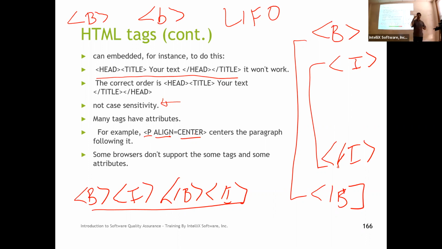There are some standard tags that every browser supports, and then some advanced tags that the newer browsers support. For example, Internet Explorer may not support certain tags that are supported in Chrome or Microsoft Edge. That's why they try to phase it out: this is an old browser, it doesn't support all the tags, so let's get it out and make sure everybody's on new browsers so that everybody gets the latest functionality.